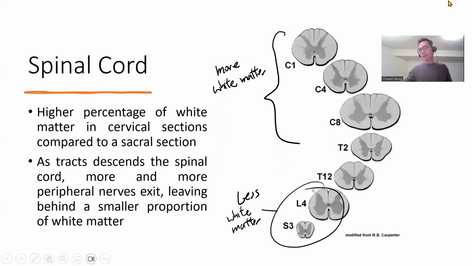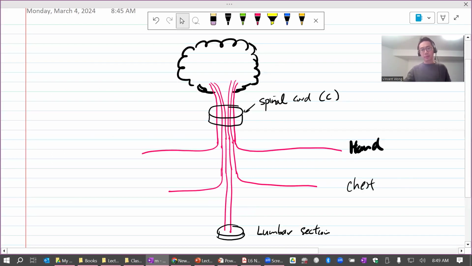At that point, if you look at my drawing, you see we still have all the tracks that are trying to get to their places. They're trying to get to the hand, but we're not yet at the hand. And then we have some that try to go to different parts of the body. All of them haven't branched out yet, so it's really, really thick. I got it. Thank you.